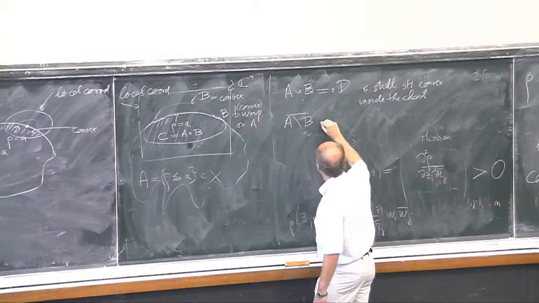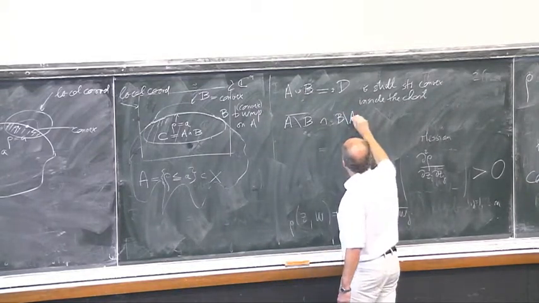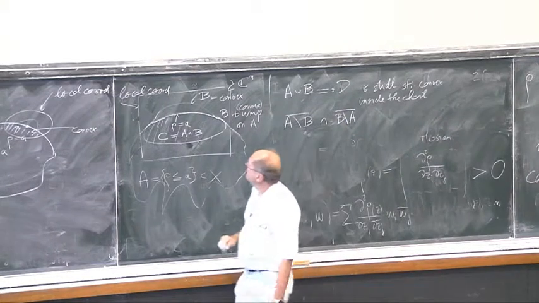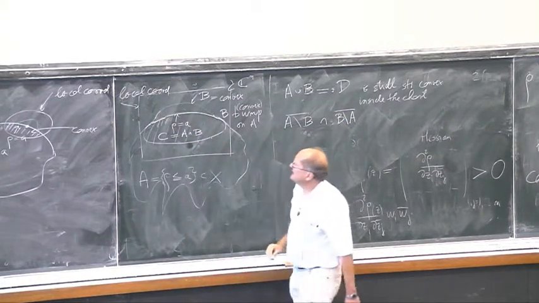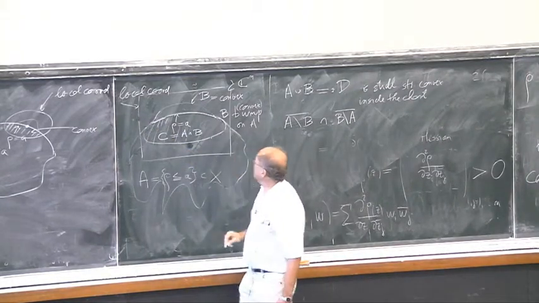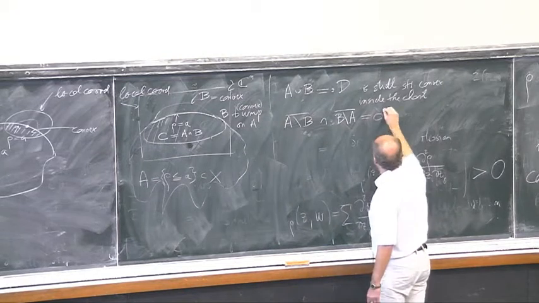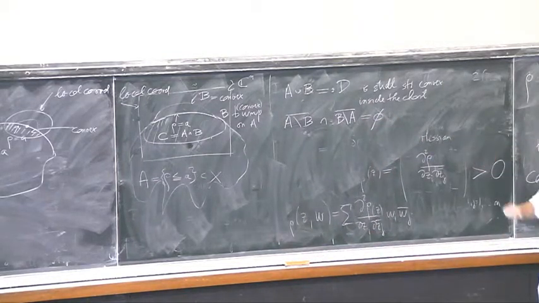Then I intersect this with B minus A, and this is what's up here. These two sets don't meet because they are separated here by the intersection, so this should be empty. So I said that I added a convex bump on my level set.